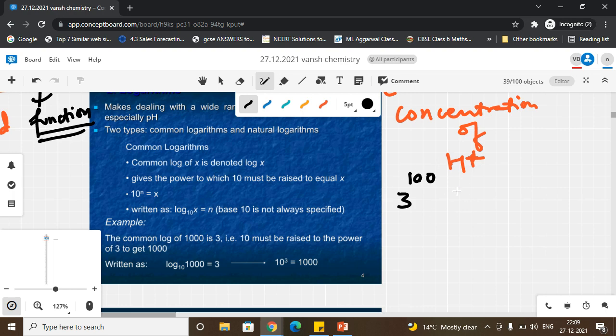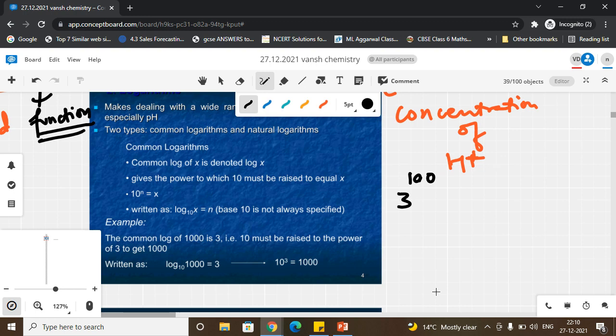Can you see this number written? 3 raised to the power of 100. Now, what happens in this? Your work will be so much, because you will multiply 3 into 3 into 3 until you get to 100 factors. Now the most important thing is we are using the power.